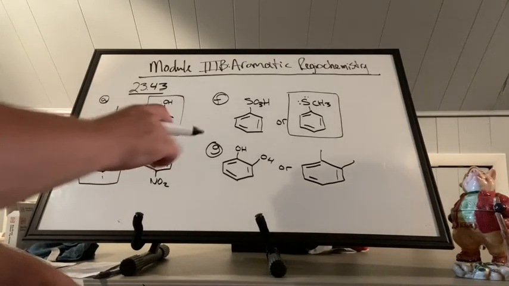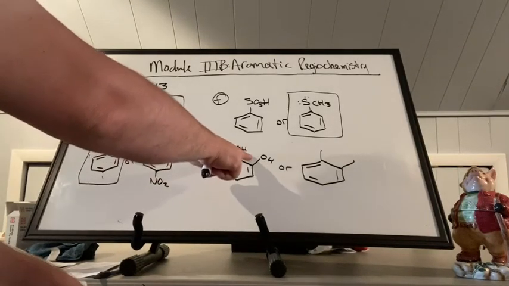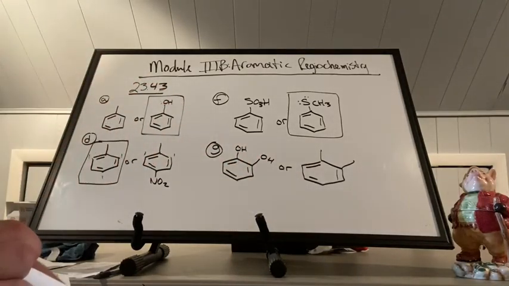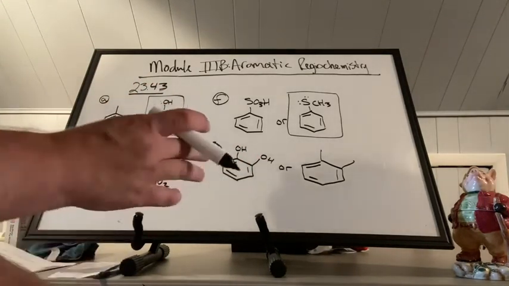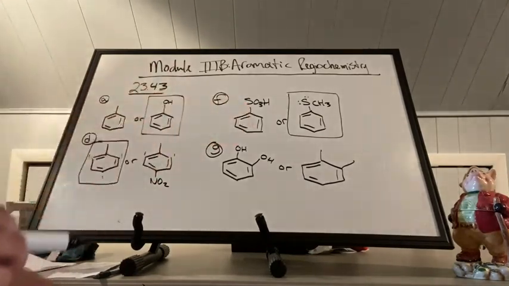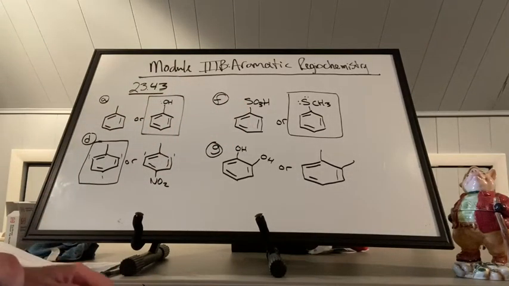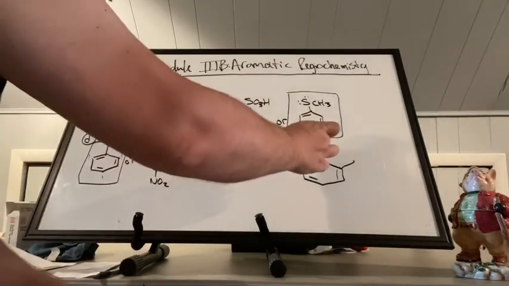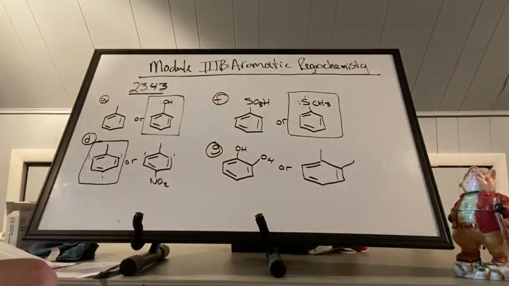Okay, the last one, G. So we have two hydroxyl groups. Okay, now they may intramolecularly hydrogen bond, right, form a pseudo 5-membered ring, if you will, and then you have two methyl groups for the other option.